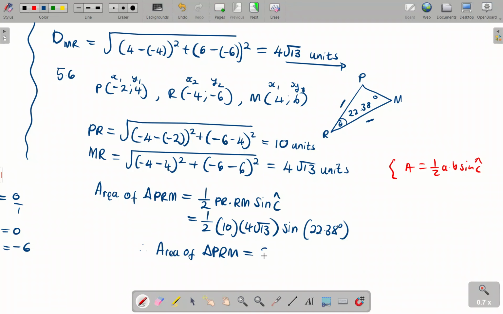Now this is giving me 27.45, but I round it to two decimal places, so that's 27.46. This is area, so it will be units squared. That's the answer there.